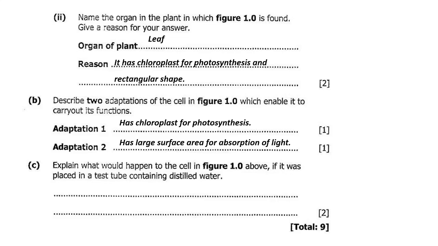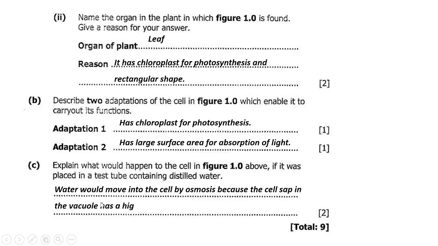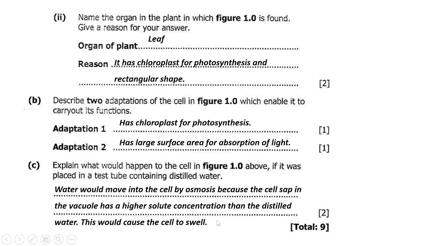Therefore, water will move by osmosis from the test tube into the cell, because the cell sap in the vacuole has a higher solute concentration than the distilled water. This would cause the cell to swell.